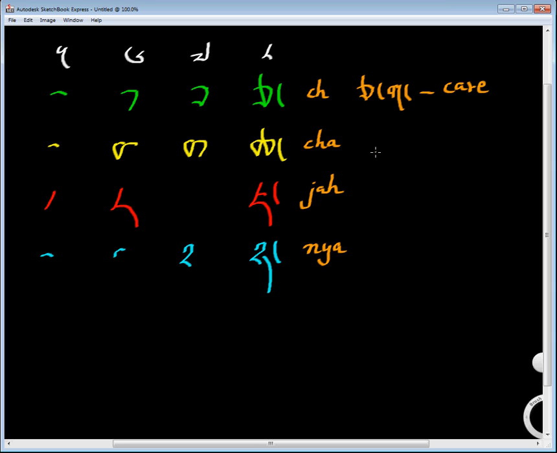And then the next letter is cha, and an example would be cha. See, these two really don't look similar. This side looks a little bit bigger than the other one, so it doesn't look nice. Let's try it again. That's what I was talking about earlier. You have to get these two similar in size.